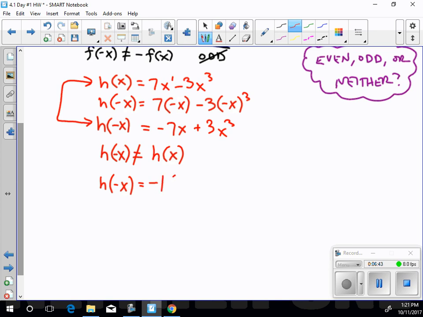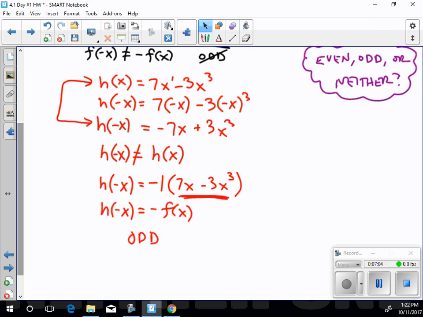Correct, I'm going to take out a -1. If I take that out, I get positive 7x minus 3x cubed. And this, is this h of x right here? Yeah, it is. So I know that h of negative x equals negative h of x, and therefore it is odd.